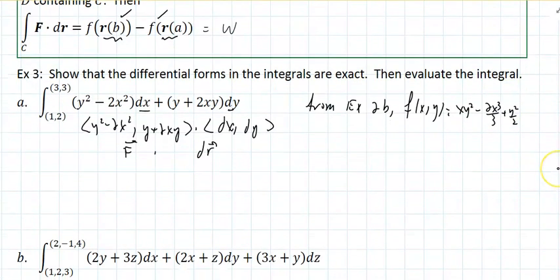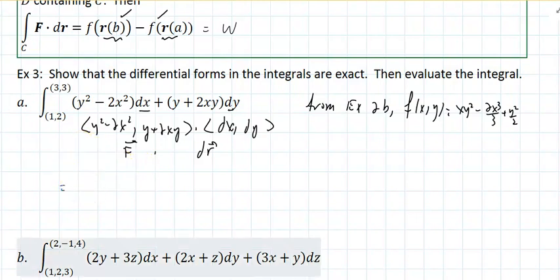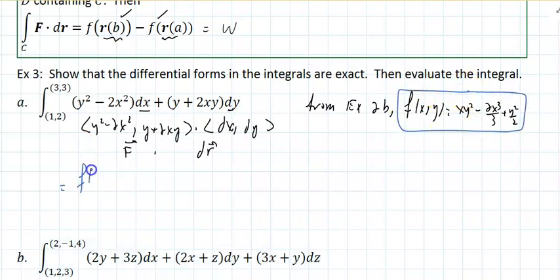So we did this already. All we have to do here is figure out that this is f of 3, 3 minus f of 1, 2.